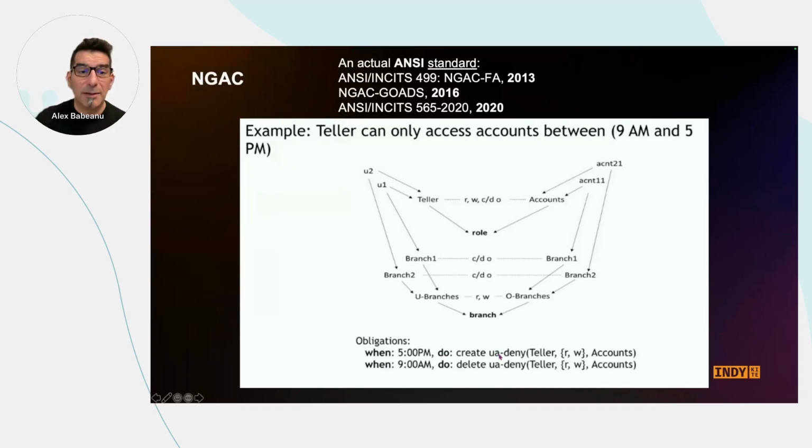So when it's 5 p.m., you create a deny relationship between teller and account, which in effect denies this access. And at 9 a.m., you remove that deny relationship. So all this to say that you can implement all kinds of access models using a graph.